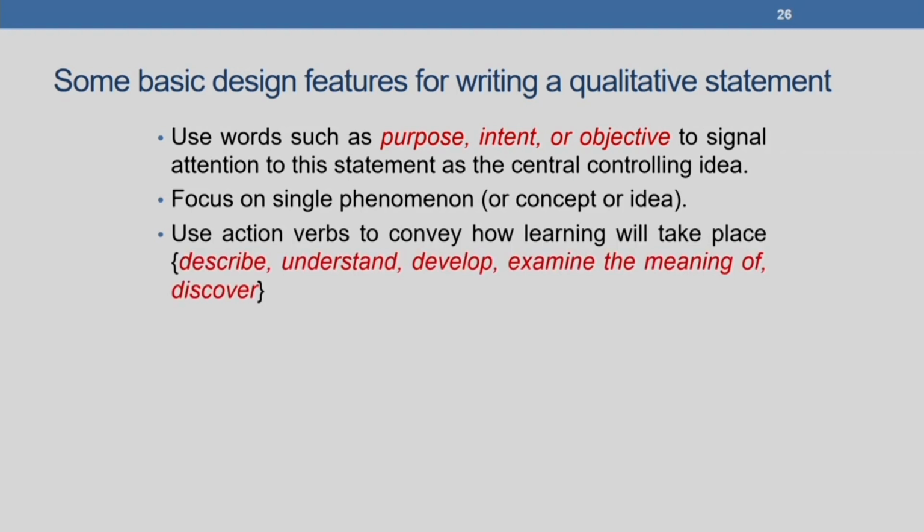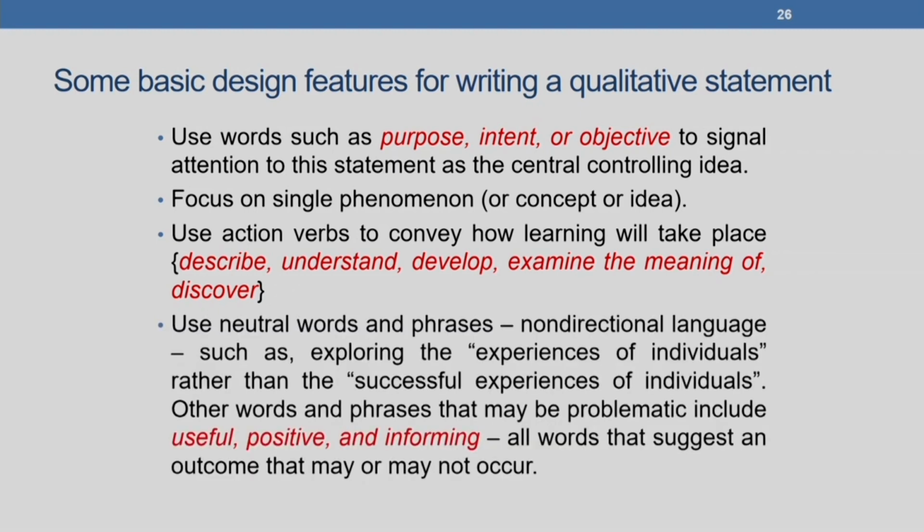The third point is that we must use action verbs to convey how the learning will take place. Action verbs and phrases such as describe, understand, develop, examine the meaning of or discover keep the inquiry open and convey an emerging design that needs to be kept in mind.